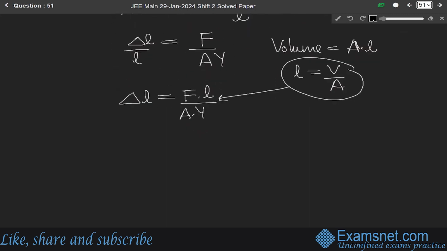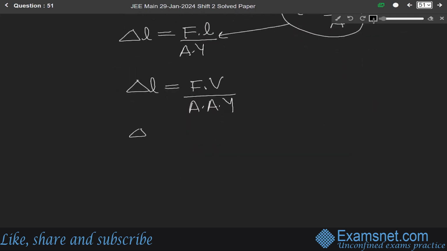So we get delta L equals F into V over A into Y, so delta L equals FV over A square into Y.